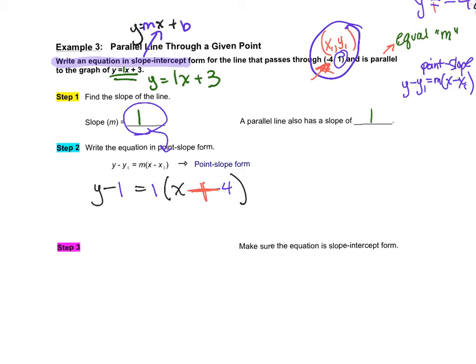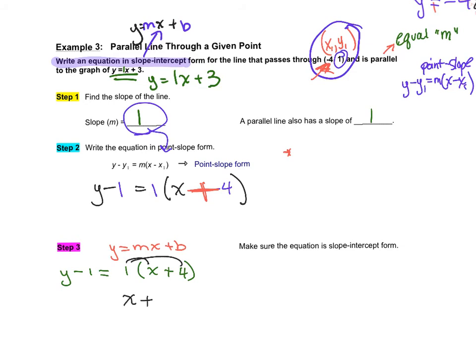There's the equation in point-slope form, but they want it in slope-intercept. So your job is to put it in y equals mx plus b, which means you're going to simplify. If I take y minus 1 is equal to 1 times x plus 4, when I distribute the 1, it's not going to change anything.